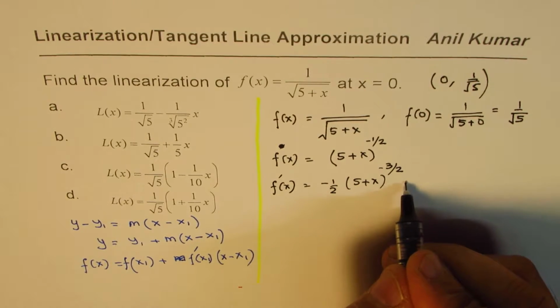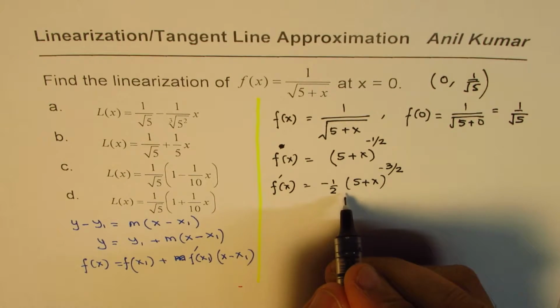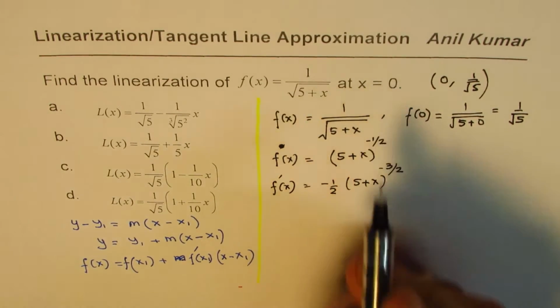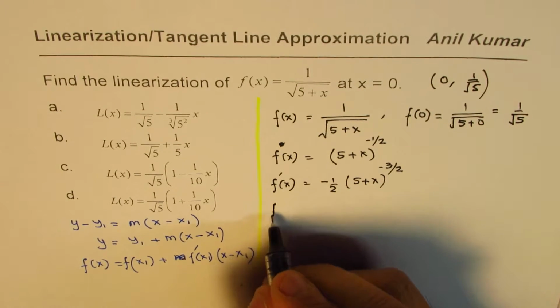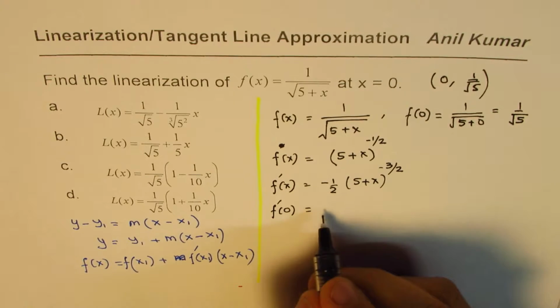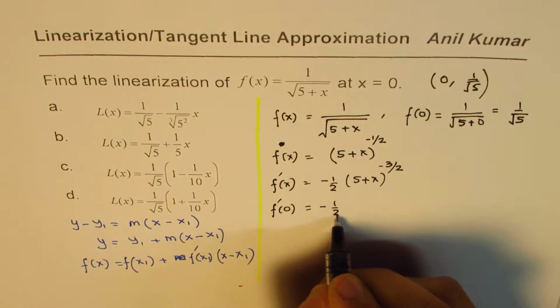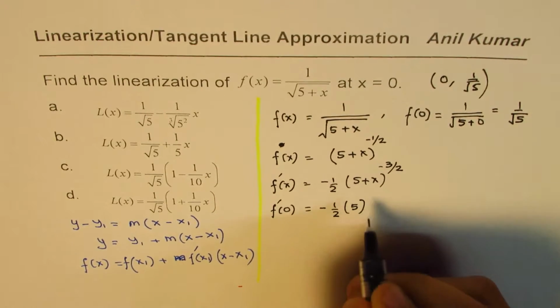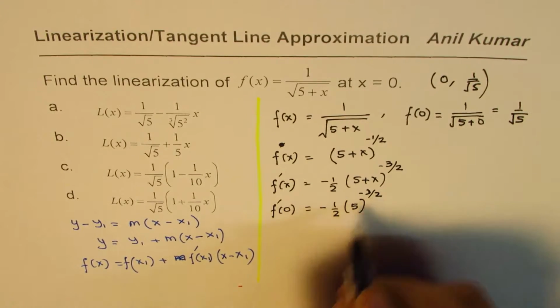We need to find this value at x equals 0, so we substitute x equals 0. We get minus half times 5 to the power of minus 3 by 2.